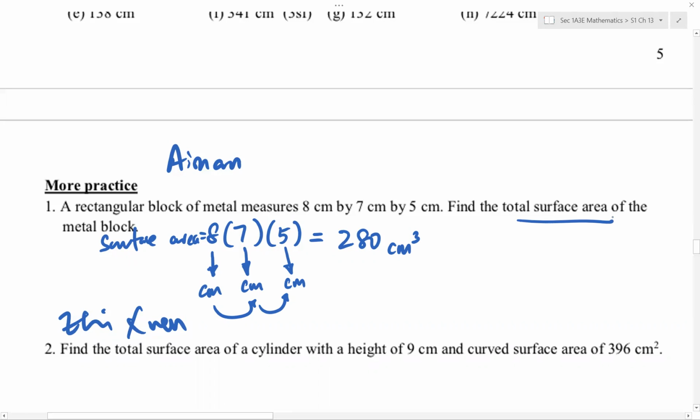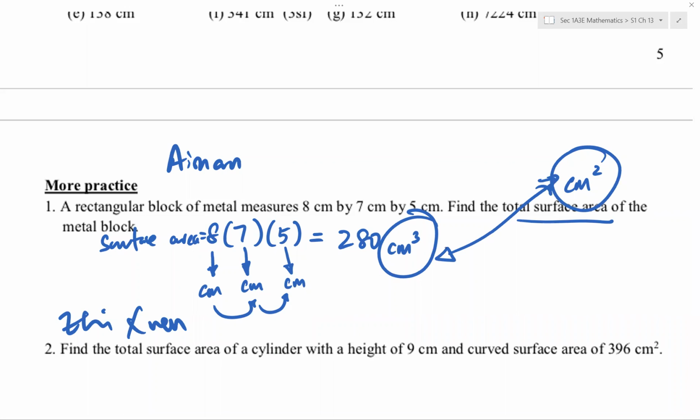Cm square. Okay. So does your answer tally with what they requested for? Don't tally, right? Your answer having units of cubic centimeters refers to volume or area? Volume. What were you finding for 8 times 7 times 5? You were finding volume. Okay.